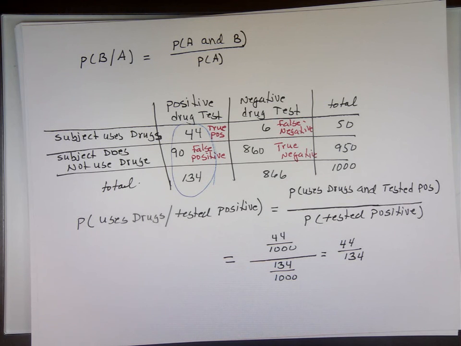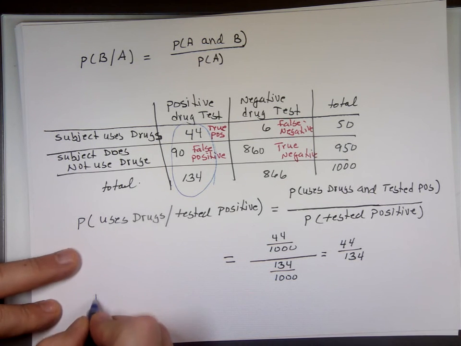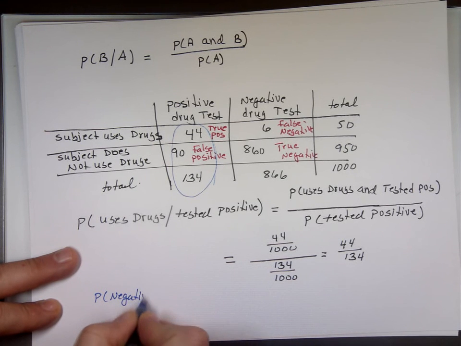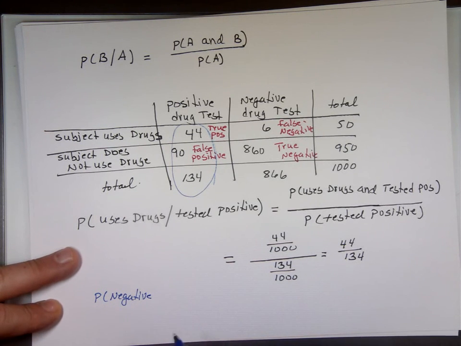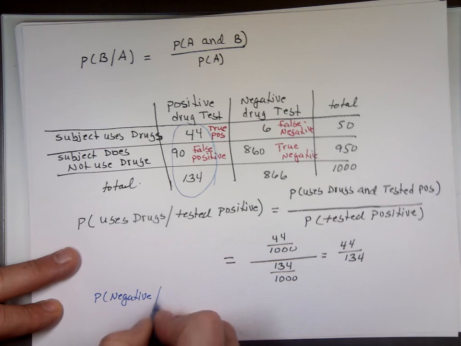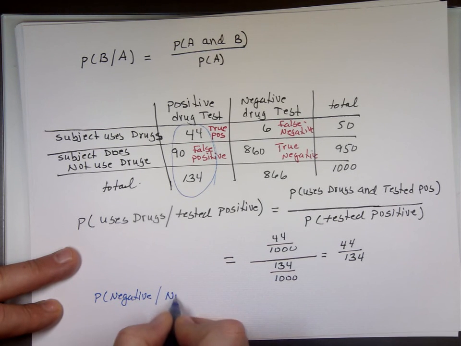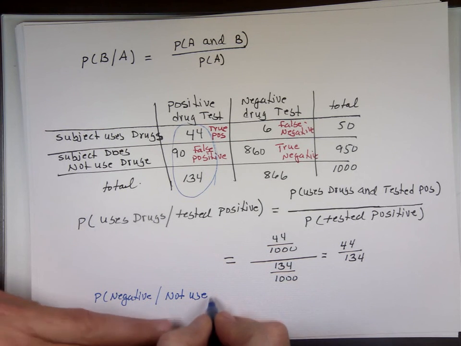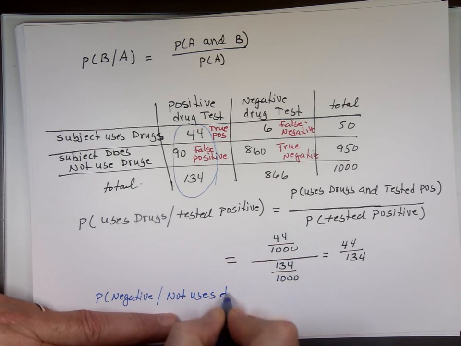And if I want to do the next one, I can ask another question. How many people tested negative? Tested negative and not uses drug, given did not use drug.